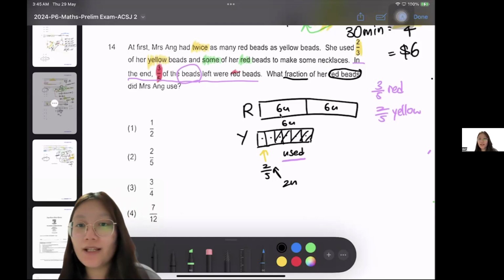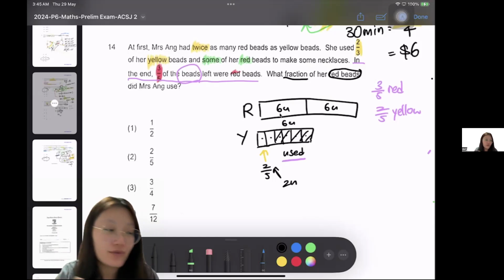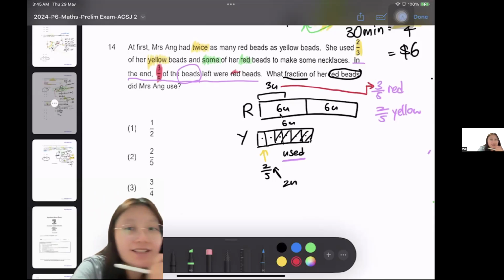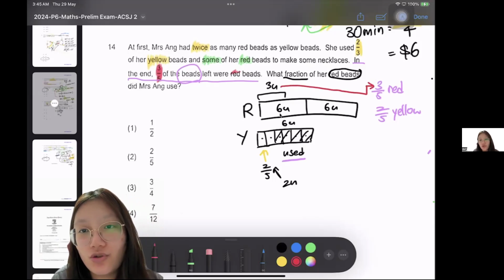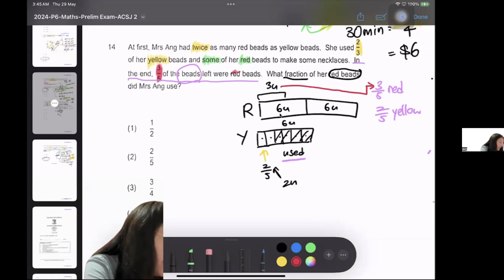So now 3 units out of the 6 units is left for red because there's 3 fifths. How do you know it's 3 units? Because the left for red is 3. So 3 units is left.